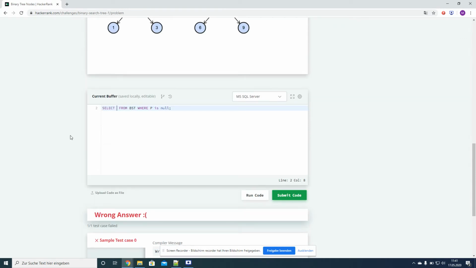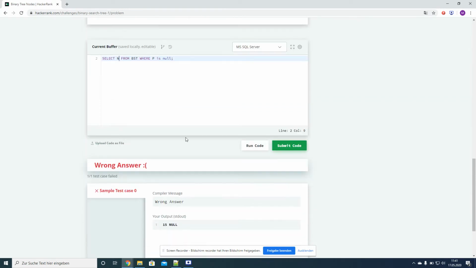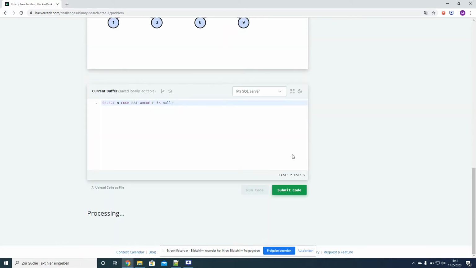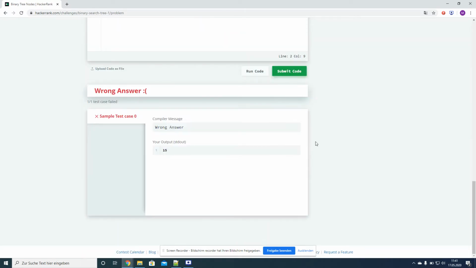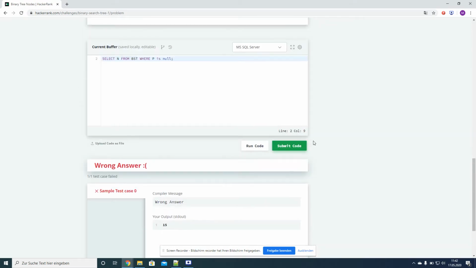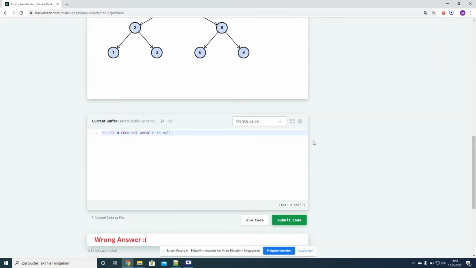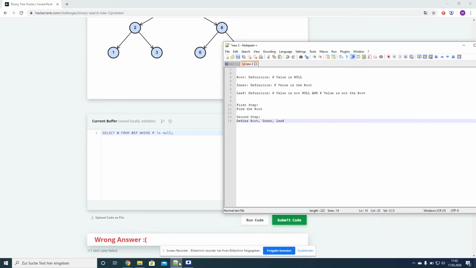We want the n column, so we don't want 15 null, we just want the 15. So we have the root that is 15. So that is our first condition that we already fulfilled, our first definition. P-value is null, and that is 15.